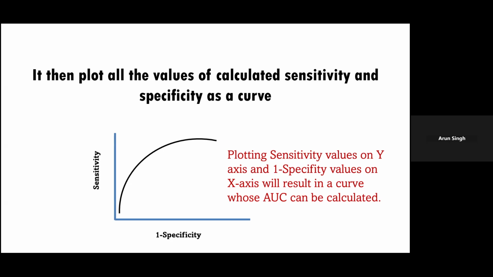It's one and the same thing. So it's basically the graph between the true positive and false positive. That's why on one axis you have true positive, which is sensitivity, and on the other axis you have false positive.